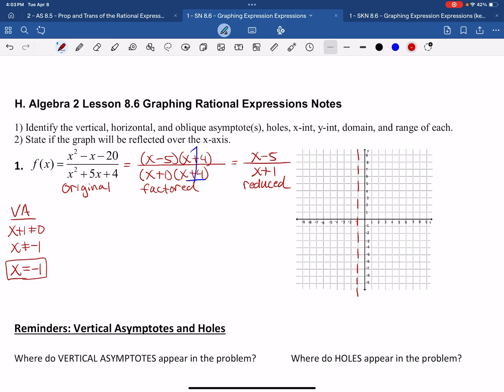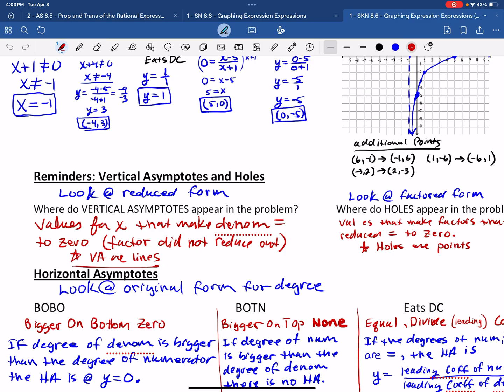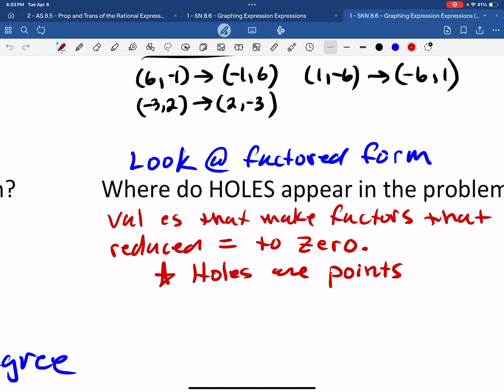All right, next up, we are going to be finding the holes. I'm going to go ahead and space these out so that you're sure about what belongs in each section. Okay, so if we go back here to our notes, we're going to be looking at the factored form.